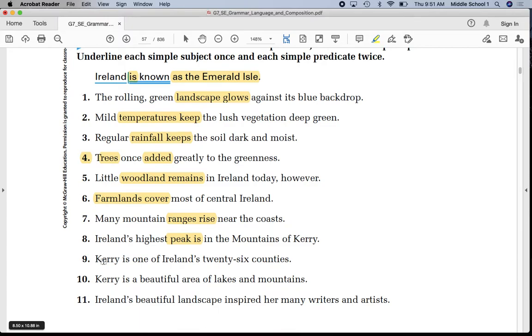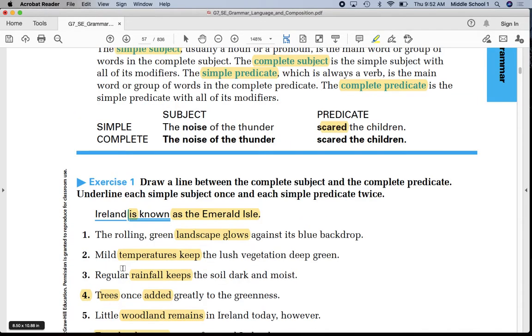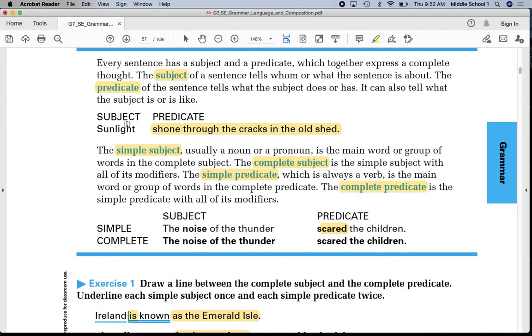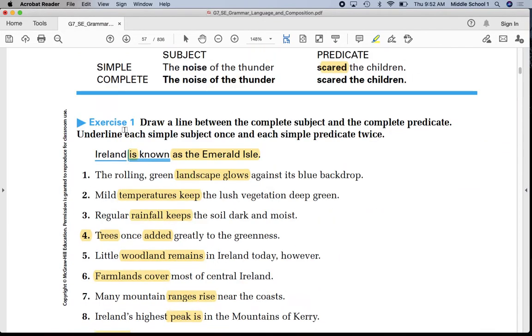Kerry is one of Ireland's 26 counties. Kerry is. Line between Kerry and is. Sentence number 9 is like this sentence up above. The simple subject is sunlight. The complete subject is sunlight, even though it's one word.